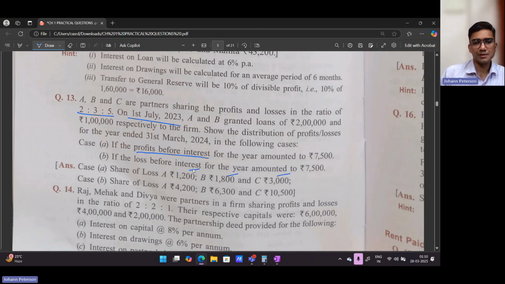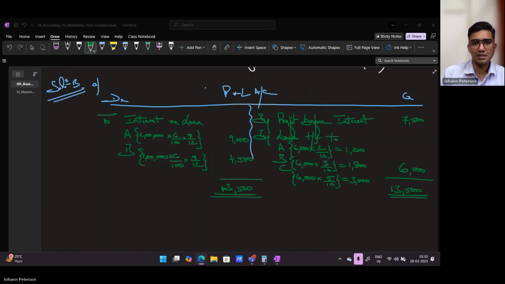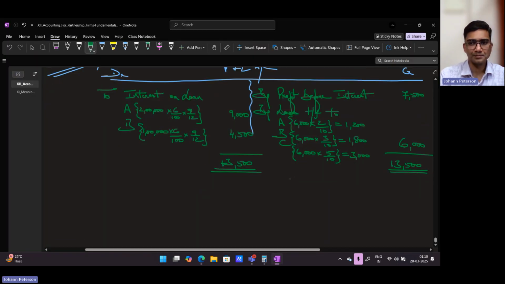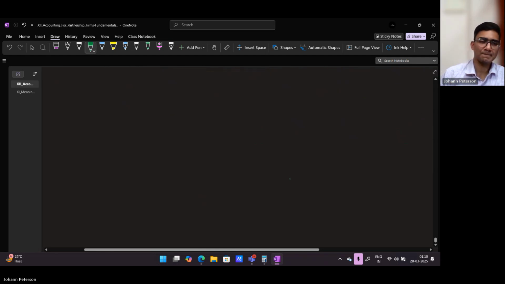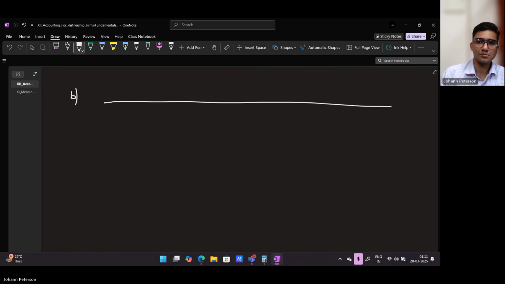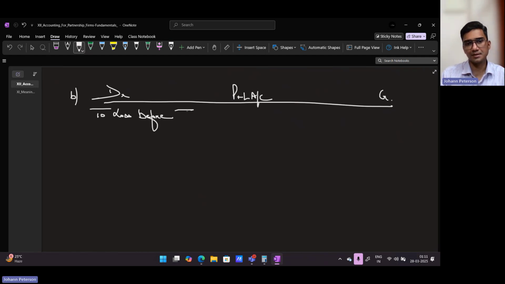Second is if the loss before interest for the year amounted to 7,500. In this case, what will we do? Part B. So profit and loss account. There's a loss it is saying. So loss before interest.